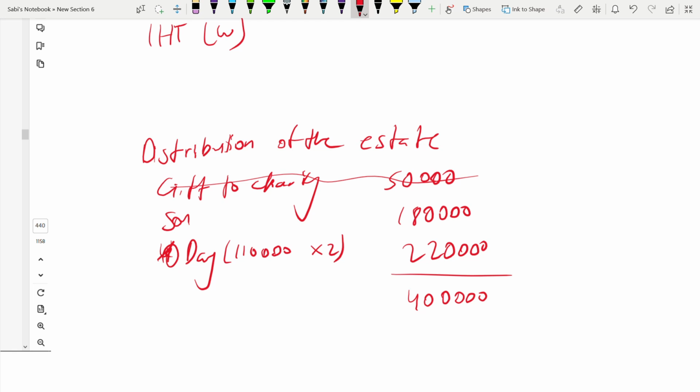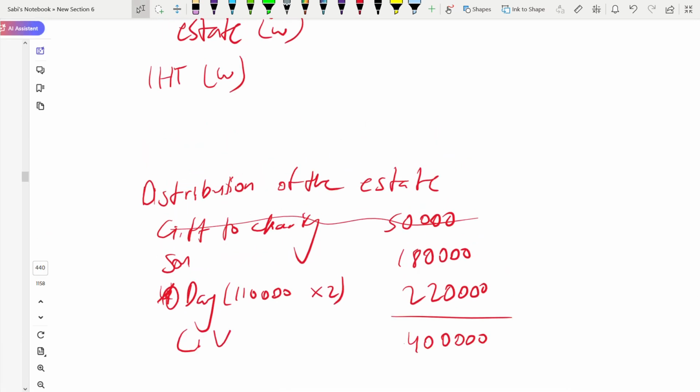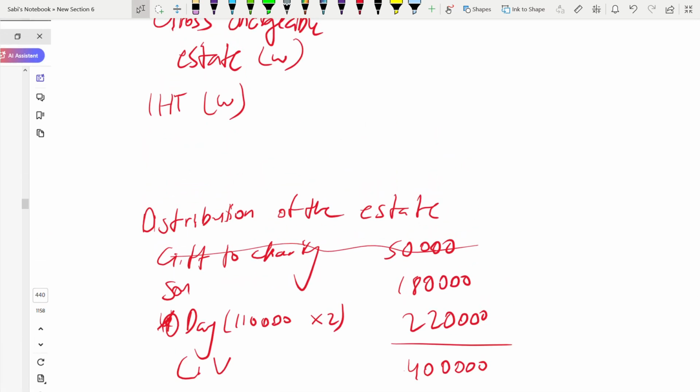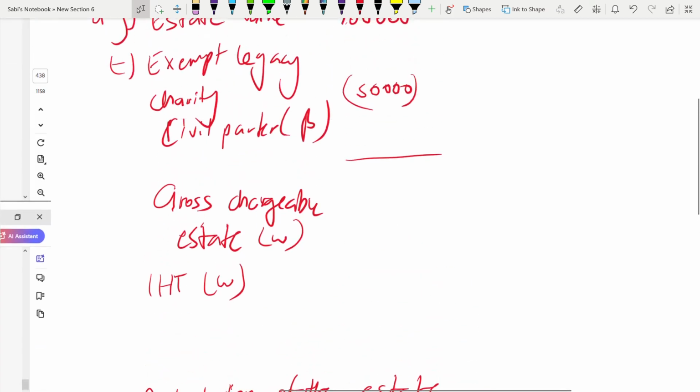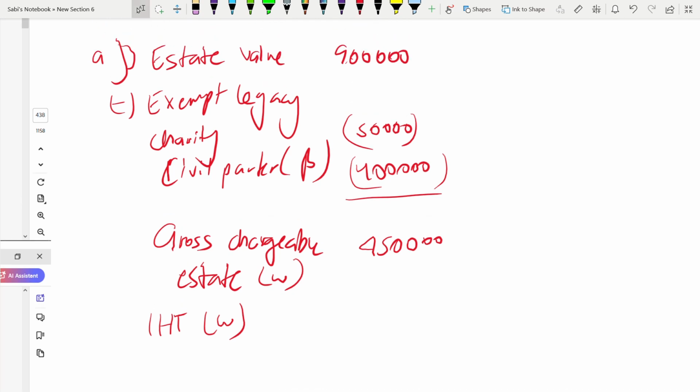So here the civil partner is 400,000, because your gross chargeable estate is 450,000. From your estate value you need to deduct 450 to get the 450.